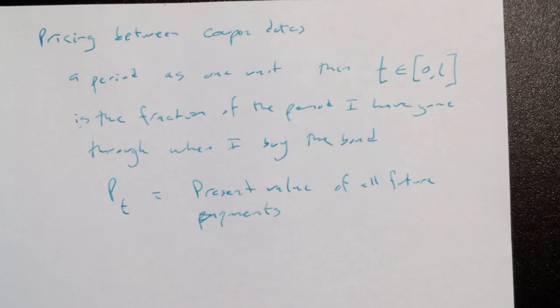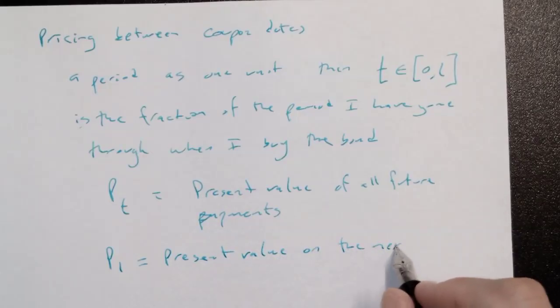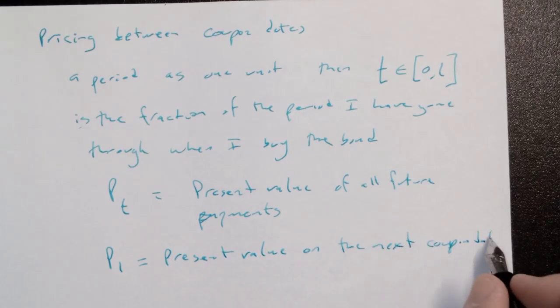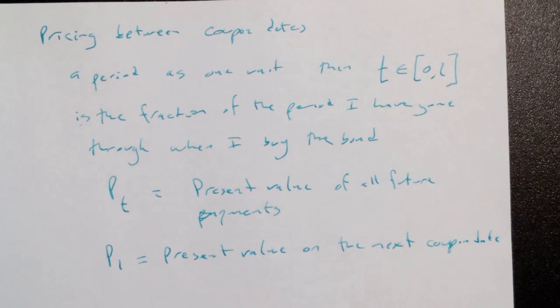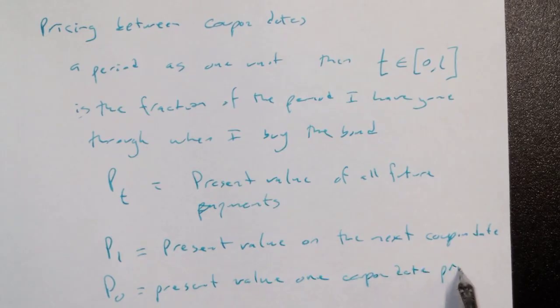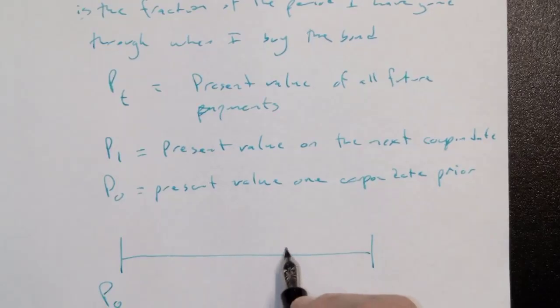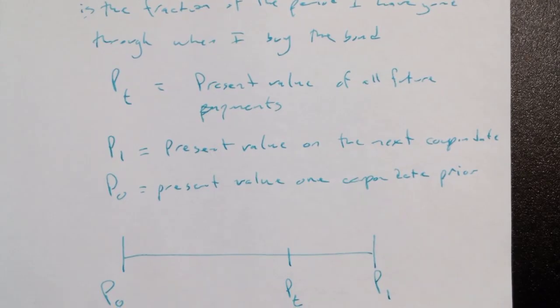So let's think about this. Really what I have is a timeline, and I can think of the present value at a coupon date that just passed, where we are today, and the present value as of the next coupon.